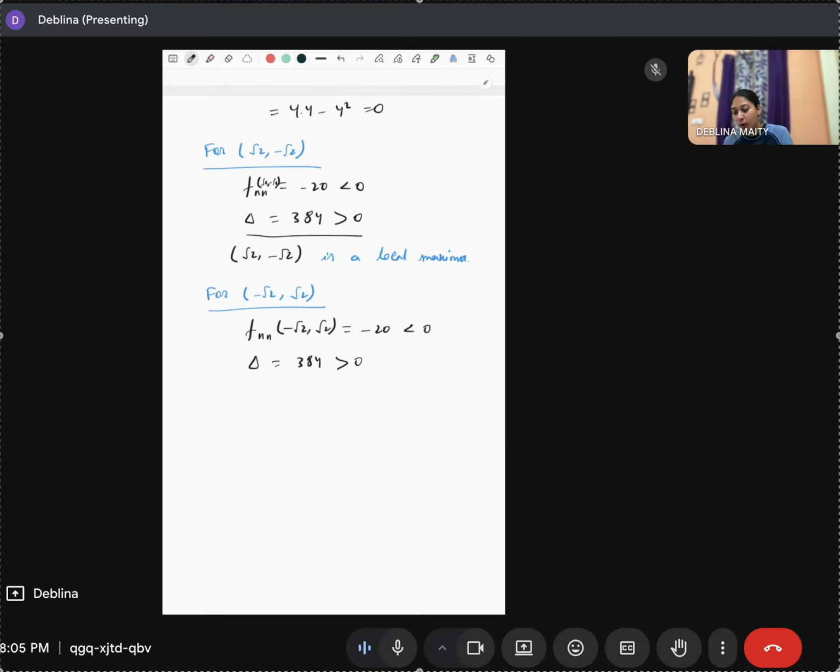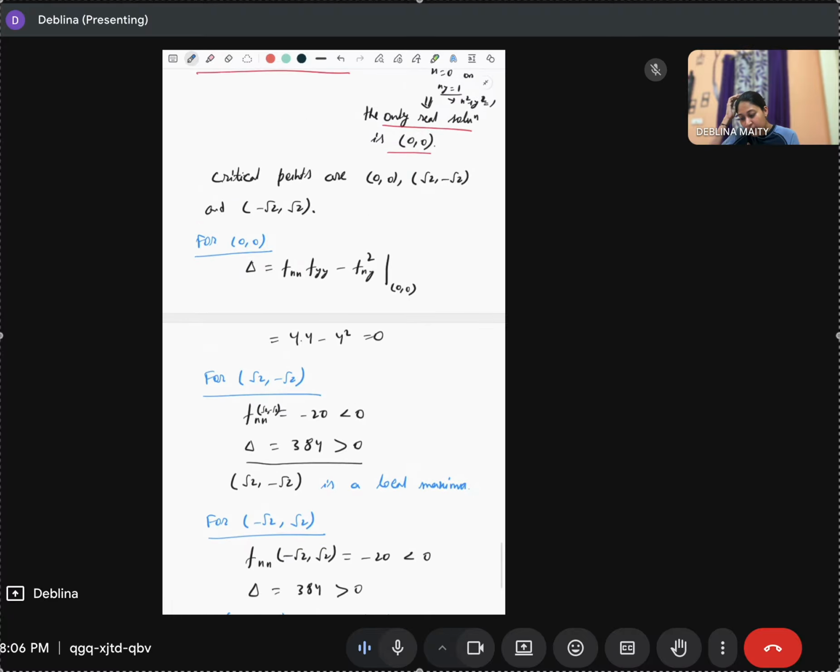So this point is also a local maxima. So minus root 2 comma root 2 is a local maximum. Okay, so this 0 point we need to check further, right?